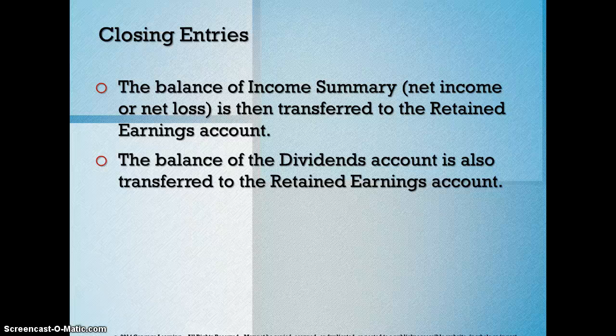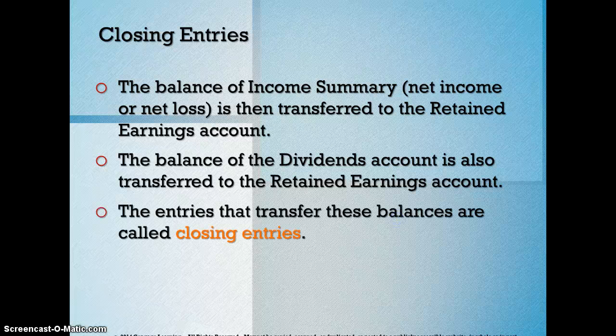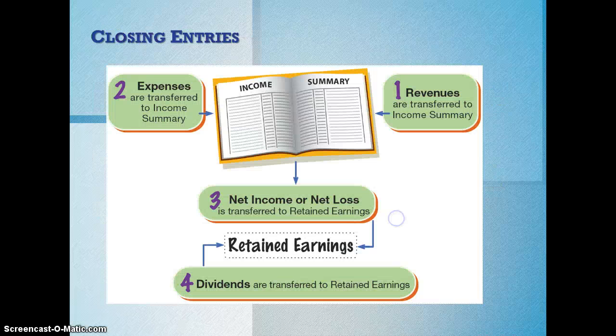And then last but not least, we take the balance of the dividends and we also transfer that into retained earnings. So retained earnings is essentially the income or loss that the company has retained in the business. We can give it away to our shareholders in the form of dividends, or we can keep it. So retained earnings is what the company has kept in the company. And these are called closing entries.